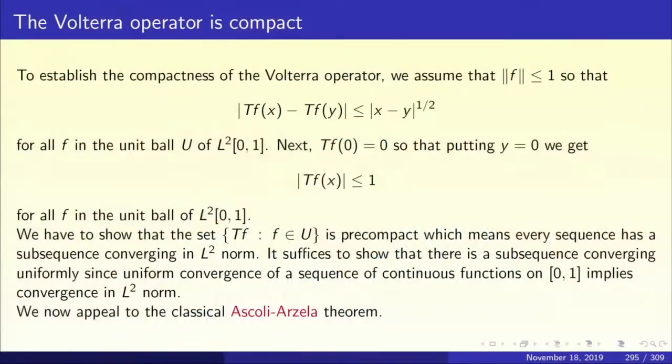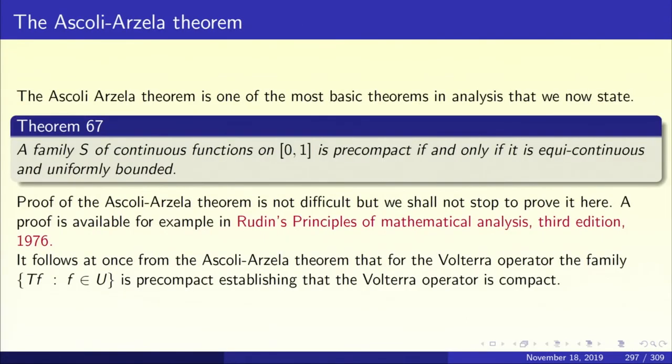So, if I take delta to be the square of epsilon, we are through. Look at the second display, mod Tf(x) less than or equal to 1, that immediately shows it is uniformly bounded. So, the image functions Tf, as f varies over the unit ball, are equicontinuous and uniformly bounded.